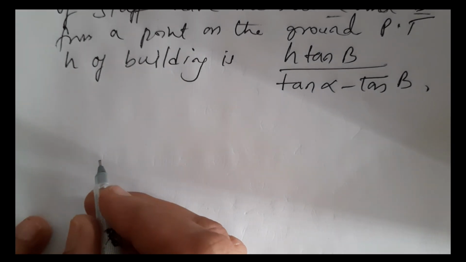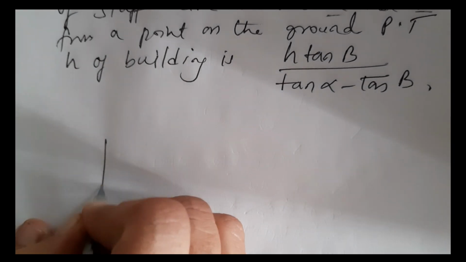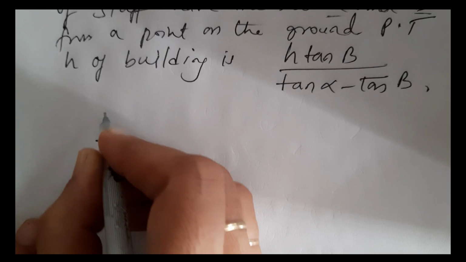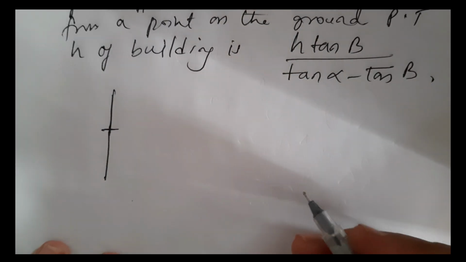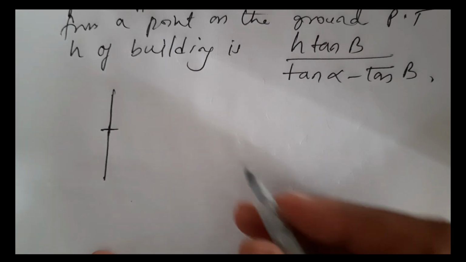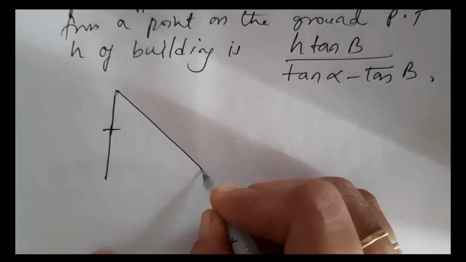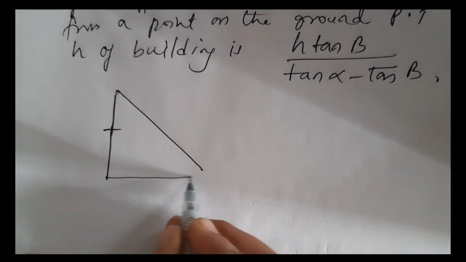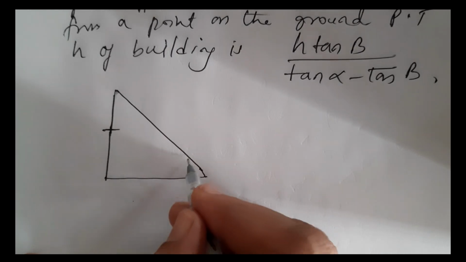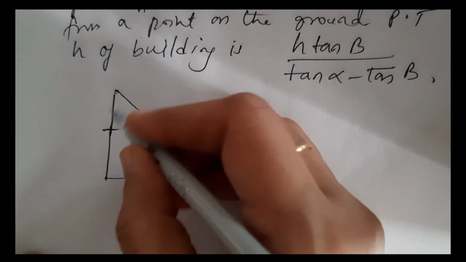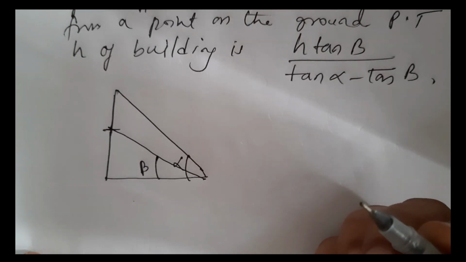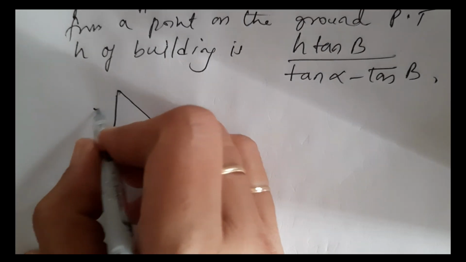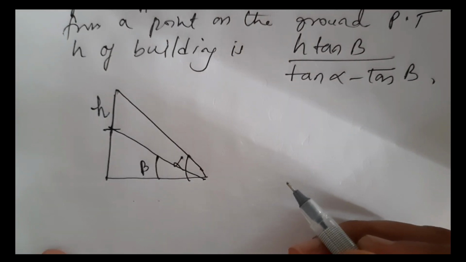As it was given, there is a flagstaff on the building. So here a building is there. On the top of the building there is a flagstaff, and from a point on the ground, the angle of elevation of top and bottom, you need to follow the sequence. Here the angle of top is given first, so top angle is alpha, and angle of the bottom is given beta, and height of the flagstaff is given h.